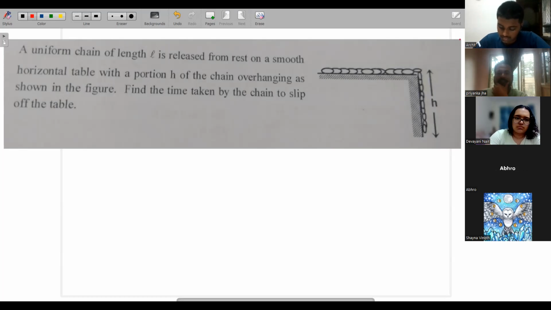How did you find so quickly? So I just used the formula S equals UT plus half AT square.